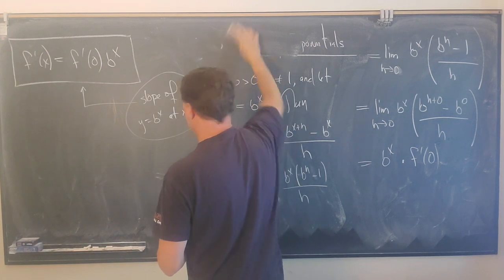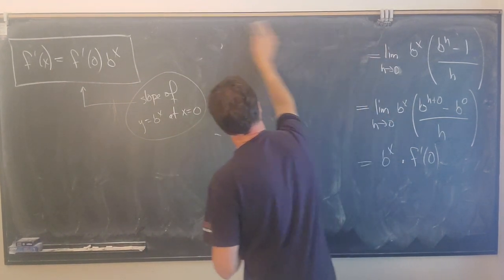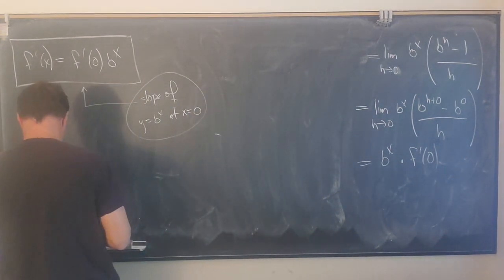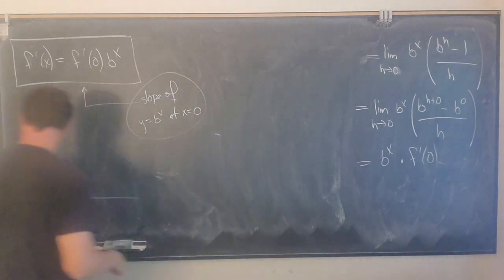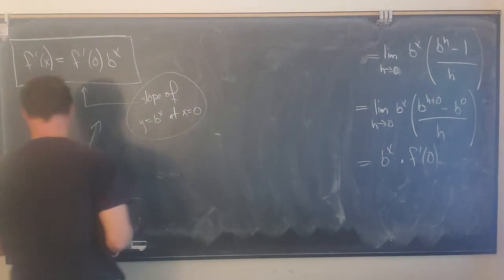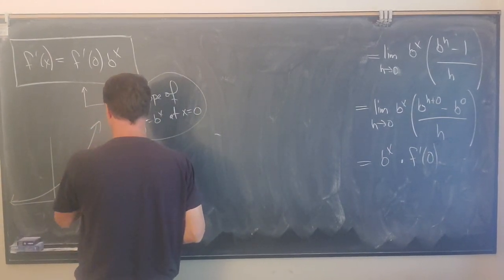Now, I want to draw out a couple of the graphs for a couple of particular choices of b. So first, if b equals 2, let's say we've got y equals 2 to the x.